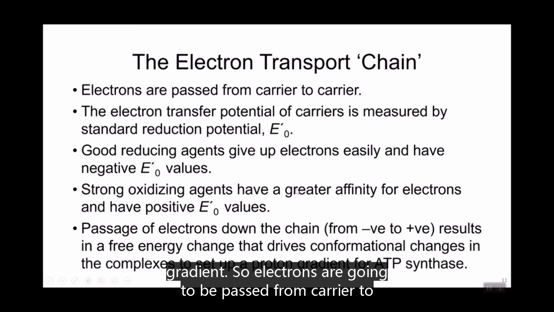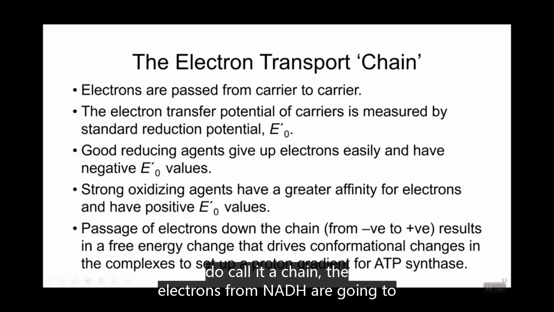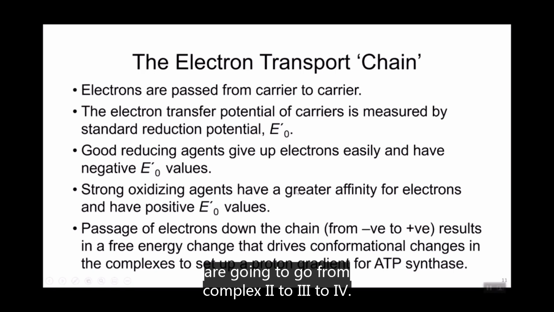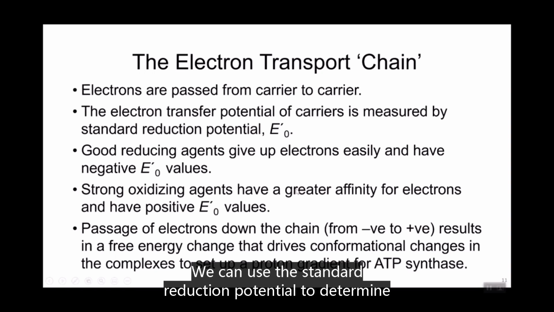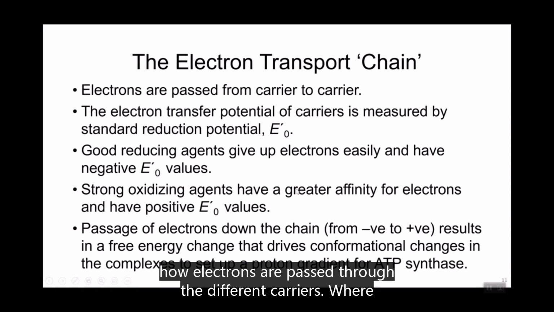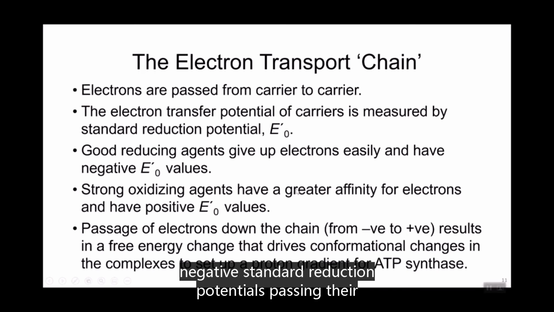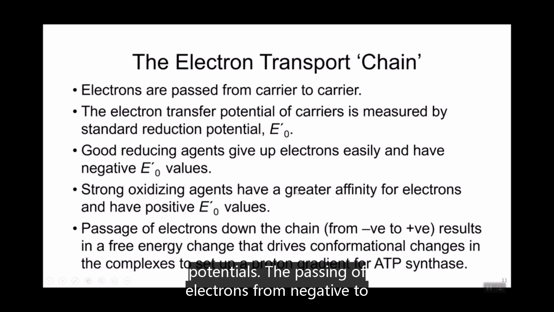So electrons are going to be passed from carrier to carrier in the chain, but do keep in mind that even though we do call it a chain, the electrons from NADH are going to go from complex 1 to 3 to 4, and those from FADH2 are going to go from complex 2 to 3 to 4. We can use the standard reduction potential to determine how electrons are passed through the different carriers, where good reducing agents will give up their electrons and have negative standard reduction potentials, passing their electrons to molecules that have more positive reduction potentials.